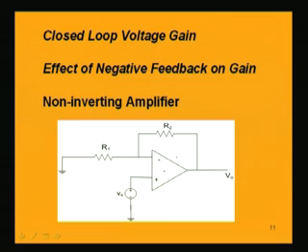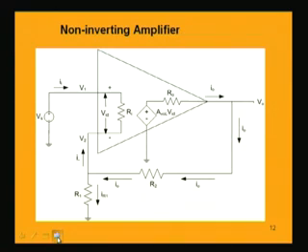So, the op-amp circuit will be redrawn by using the equivalent circuit. The whole circuit will be like this. Now, we have the op-amp circuit given by the input resistance Ri, the dependent voltage AVOL into VID, where VID is the difference in the voltage between the two terminals, positive and negative.